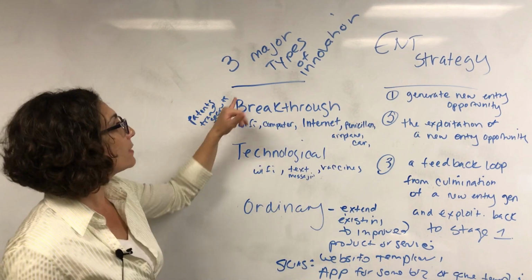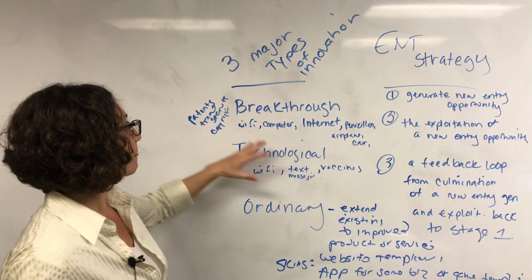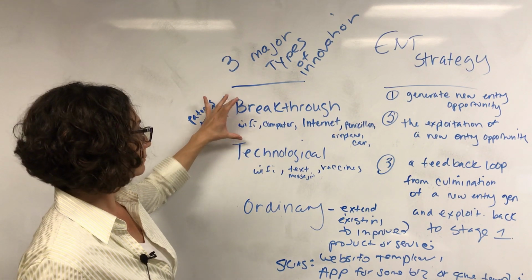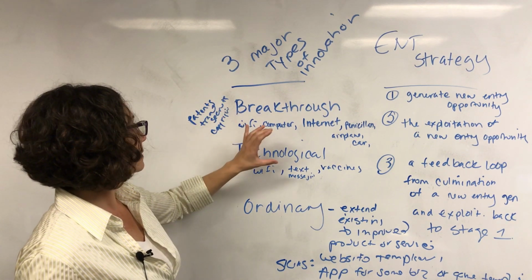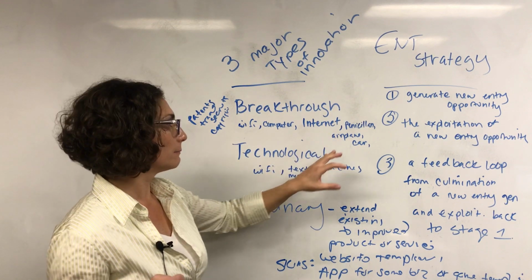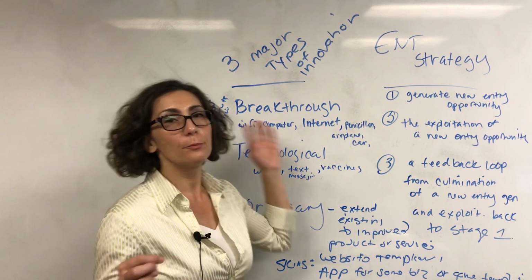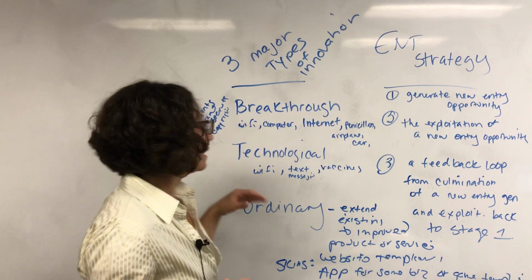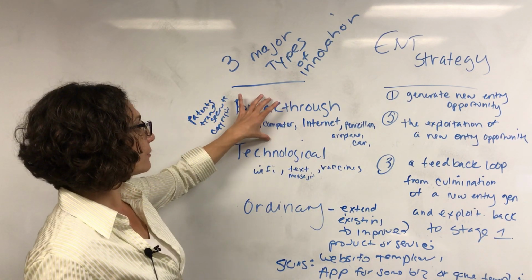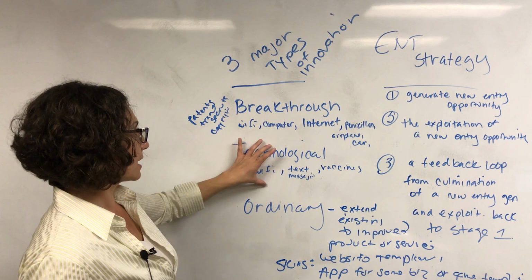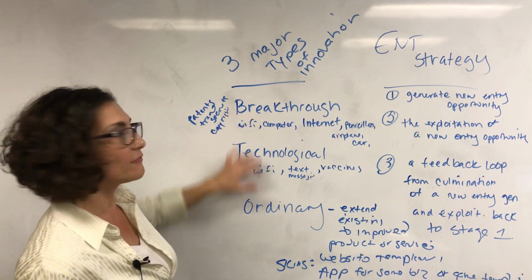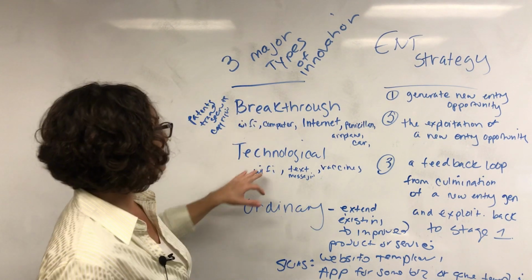So 3 major types of innovation: breakthrough, and this is like the internet, penicillin, an airplane, cars, the computer, Wi-Fi. But on breakthrough, there's also technological, and I put Wi-Fi on both because it is technological.